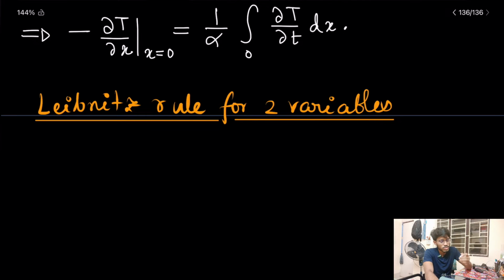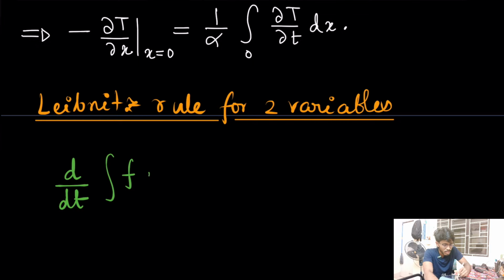So Leibniz rule says that d dt of any function, maybe f dx, where f is a function of x comma t, and these things, alpha t and beta t, are the limits.